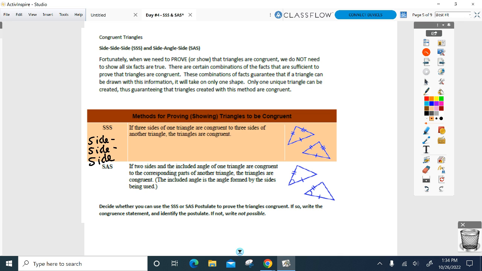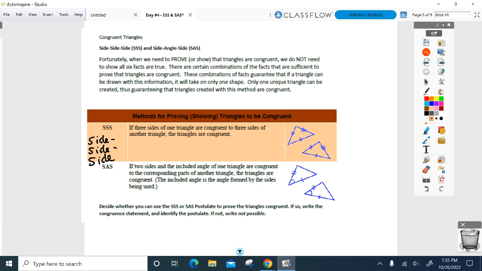What is this saying? All you need from now on, if you have it, all 3 pairs of sides, we're done. Triangles are congruent. I don't need to hear anything about the angles. You do not need to say anything about the angles. As long as you have all 3 pairs of sides, you're good to go.